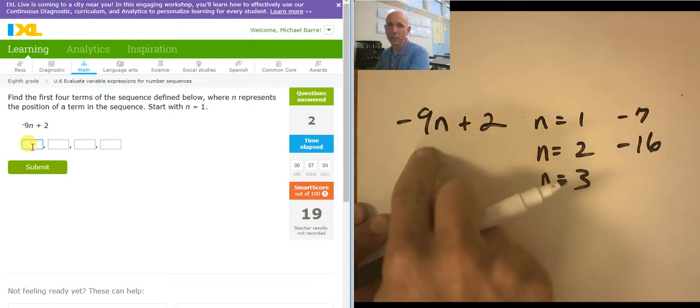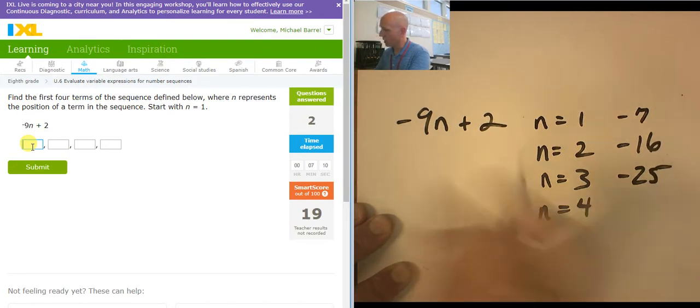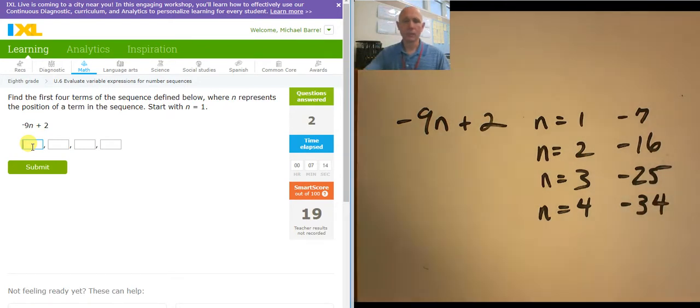N equals 3: this is 27 plus 2, so negative 25. And at n equals 4, that's negative 36 plus 2 is negative 34. So negative 7, negative 16, negative 25, and negative 34.